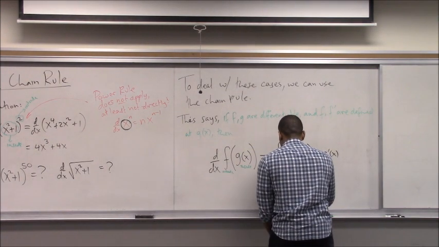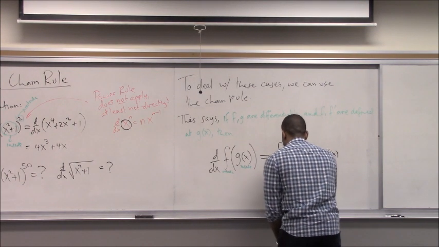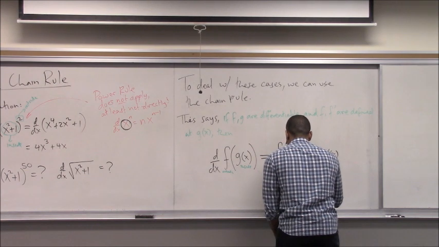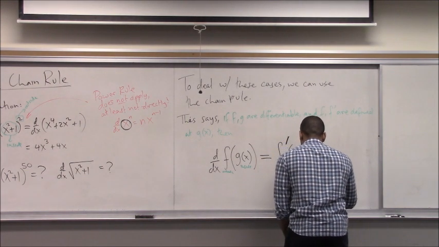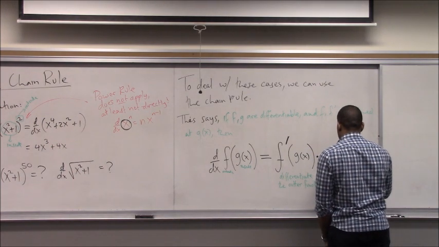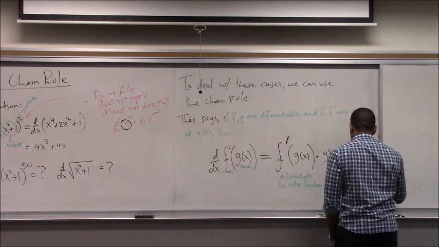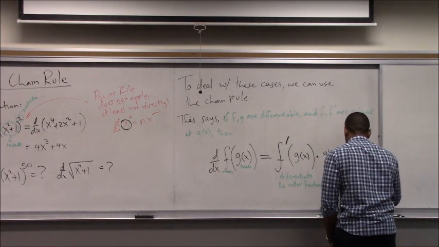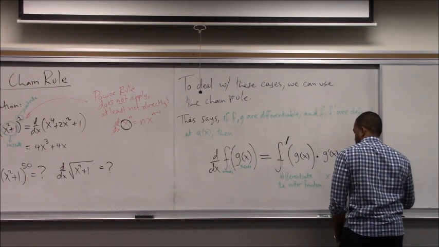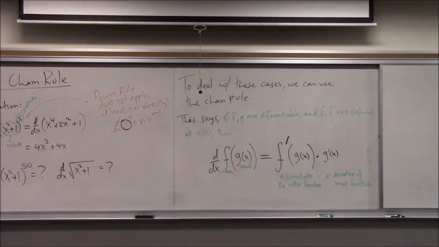So differentiate the outer function times derivative of inner function. Okay. And initially, when you're differentiating the outer function, you leave the inside alone.